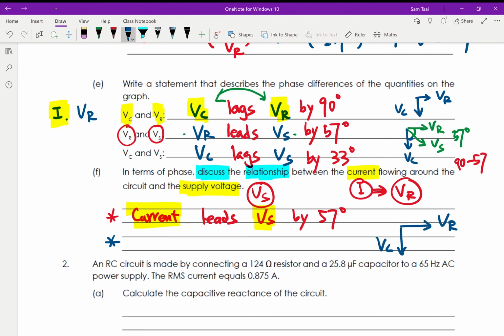You can write it because the capacitor VC lags VR by 90 degrees, and because this one slows down the current. So the current is there, and because we have a capacitor, the capacitor slows down the voltage. Probably check the side page to see how they write it, but basically it slows down the current, making it slower than it should be. Hope this makes sense.